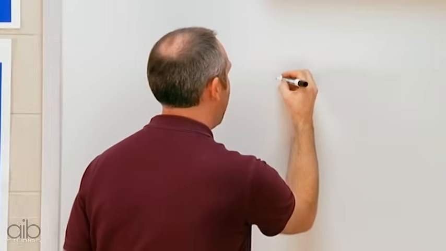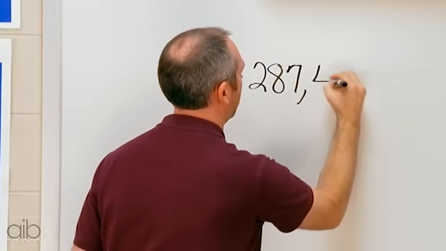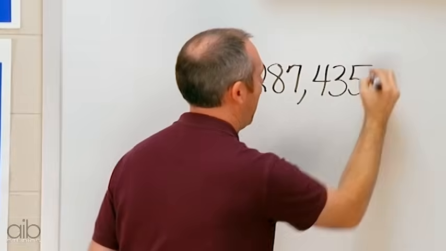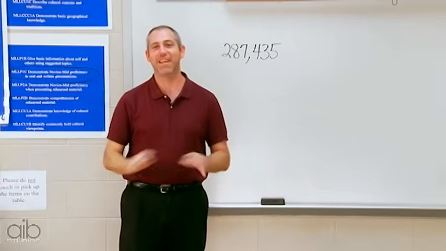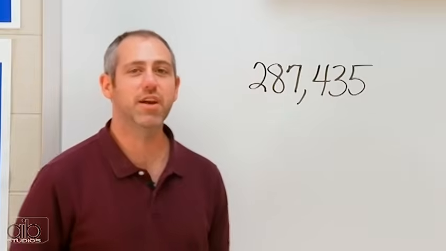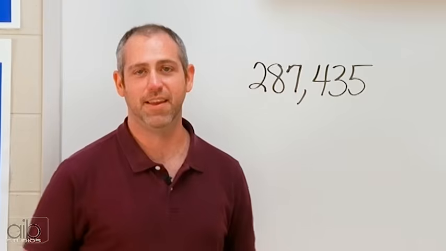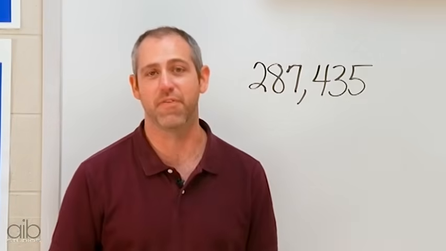Okay? Let's try to do 287,435. Now, while that looks really big and difficult, it's really not. All you have to do is remember that we're going to sometimes put the word E in there. And instead of saying 35, we're going to say 30 and 5.